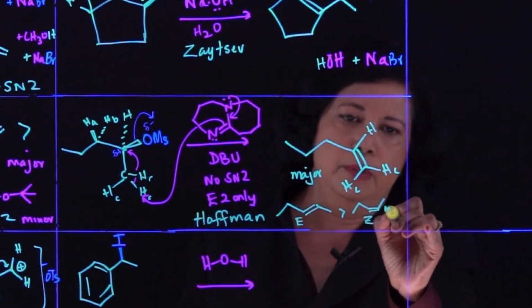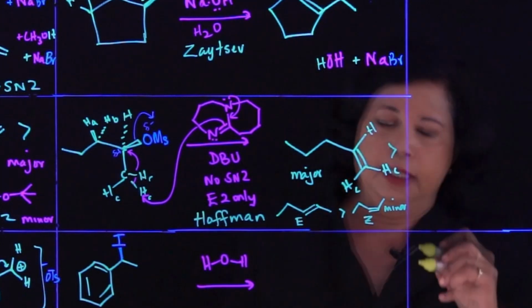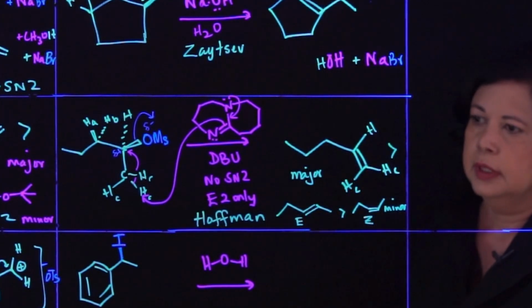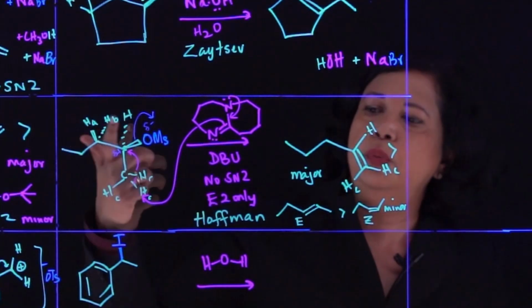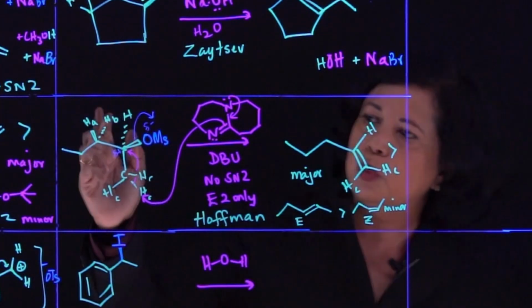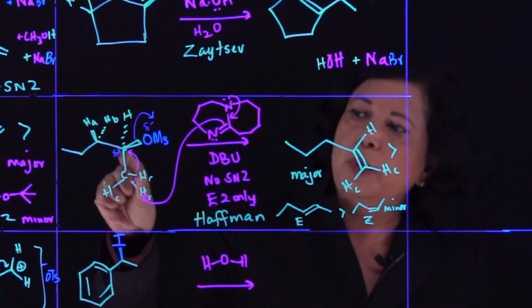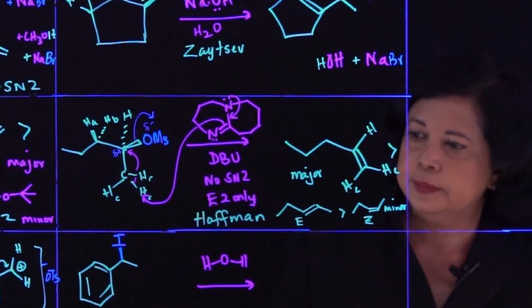So this would be your minor product. That's more than that. To show why this is preferred over this, I would need to do a Newman projection. Unfortunately, I don't have space, but we've done that in the past. So the one that puts the ethyl away from the methyl group would be the one that's favored.